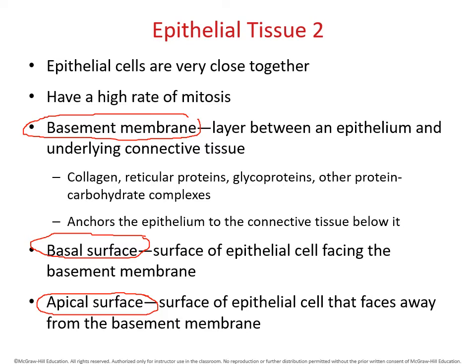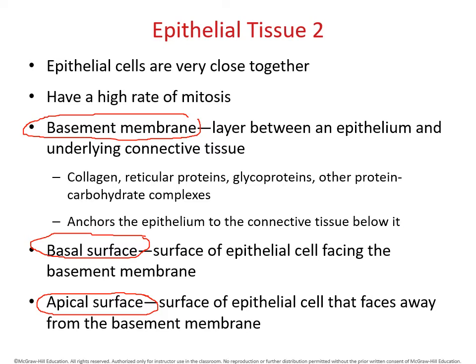Since the epithelium tissue tends to be the covering, below it, it will interact with connective tissue. The layer between the epithelium and the connective tissue is called the basement membrane. Just like you would have a basement in a house, it's the bottom layer. That bottom layer of epithelium cells that comes into contact with the connective tissue underneath it is called the basement membrane.